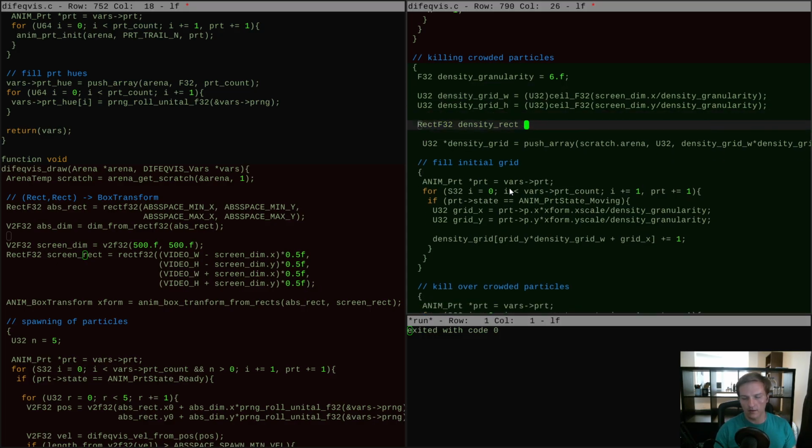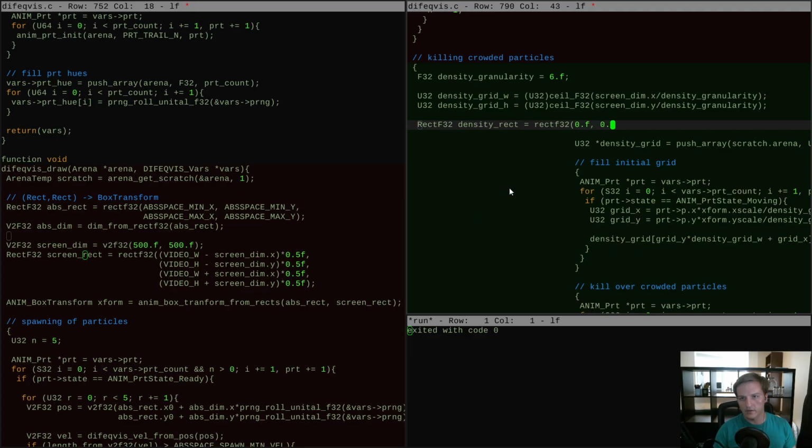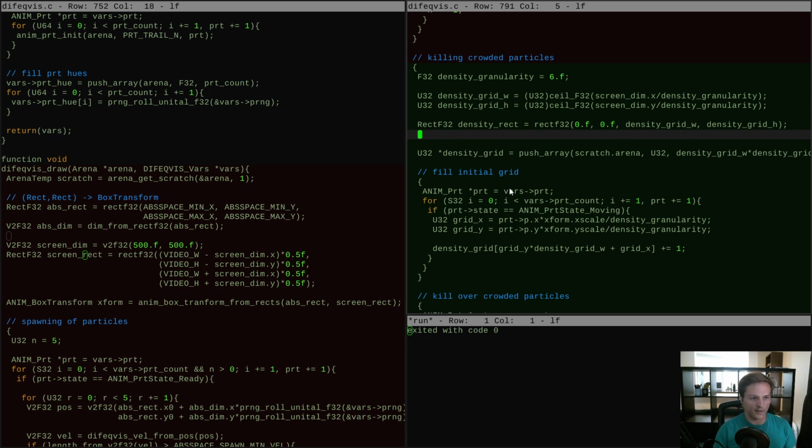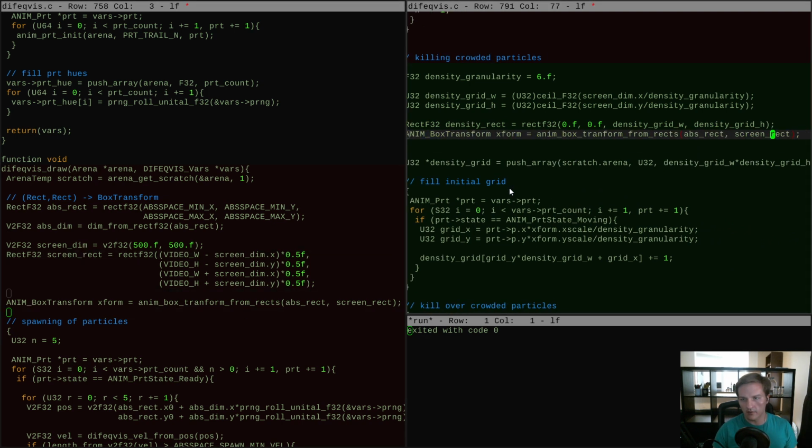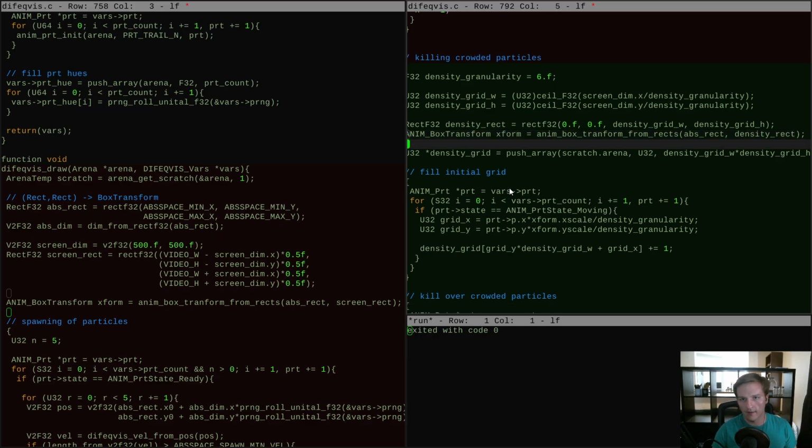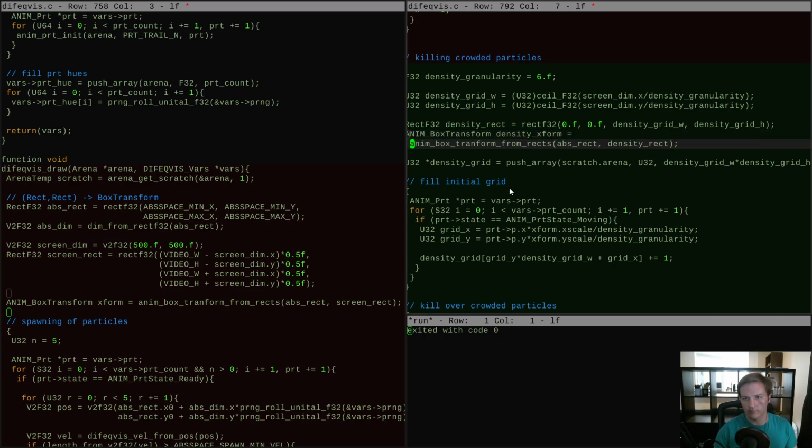The density rectangle is always going to be based at 0, 0, and then it's going to have grid width and grid height. So what we want is a transform calculated from the abstract rectangle to the density rectangle. And this will be our density transform.